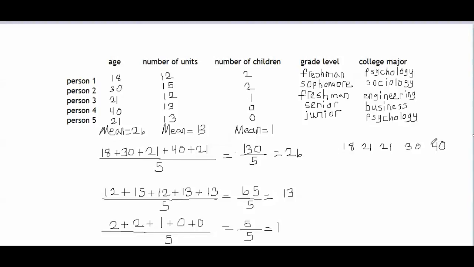I put the data values in order from lowest to highest, and the middle value is 21. So 21 is the median of this column of data.